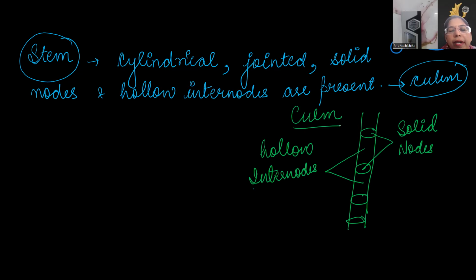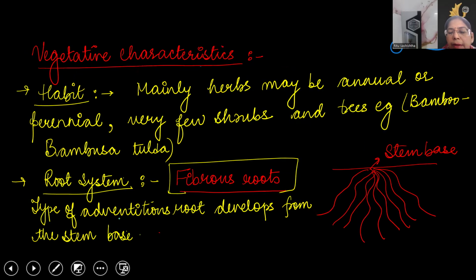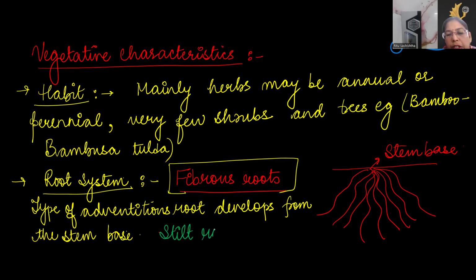Now you will find certain plants may have stilt roots. When we discuss the fibrous root system, in certain plants stilt roots are present. Because the stem is like a culm, these stilt roots are developed from the lower nodes.